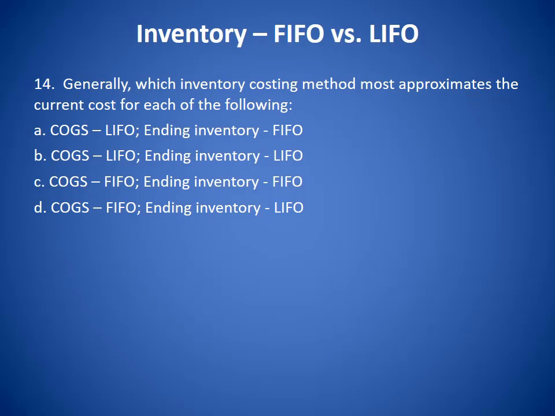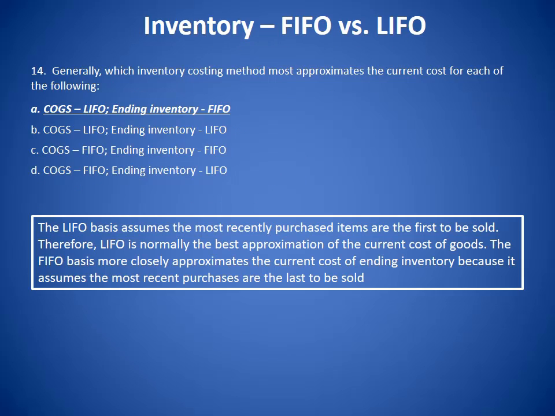Okay, and the answer in this case, generally which costing method most approximates the current cost for each of the following? The answer would be A, cost of goods sold for LIFO, and ending inventory, it would be FIFO. Now, the LIFO basis assumes the most recently purchased items are the first items to be sold, at least from a costing perspective.